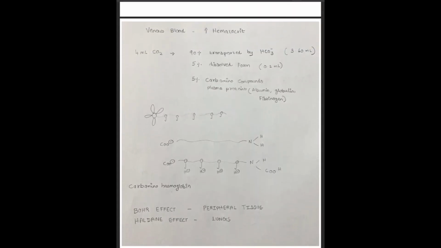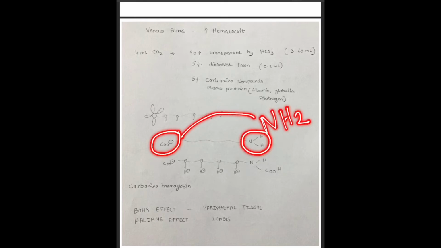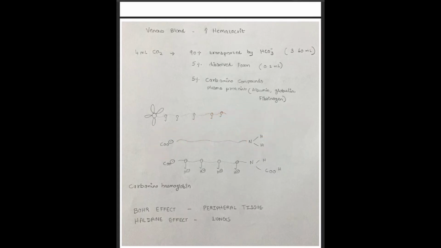So this is the amino chain. The globin chain is made up of amino acids. So this is the amine part, NH2. This is the acid part, amino acid. So the globin chain is made up of amino acid. So I have discussed this part.